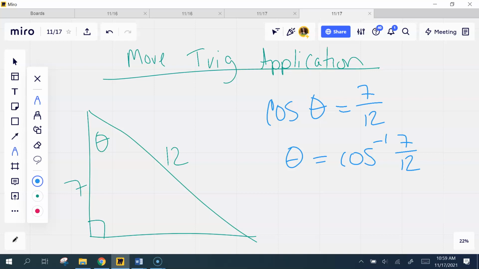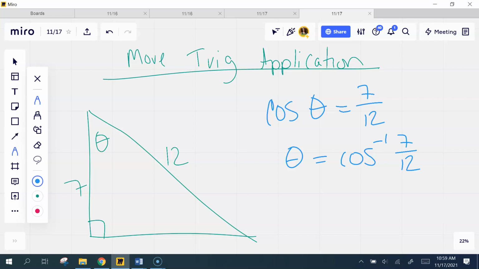Now, it doesn't much matter whether it's in degrees or radians, because if it's in degrees, my answer is going to come out in degrees, and if I'm in radians, my answer is going to come out in radians. I'm going to keep it in degrees. I'm going to do second cosine, 7 over 12. Keep it in degrees.